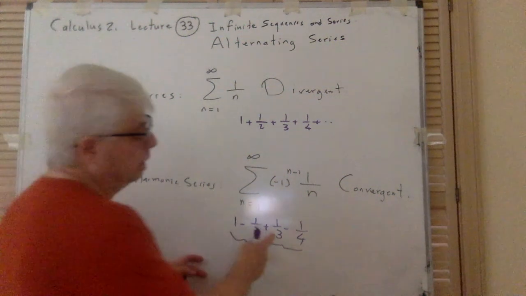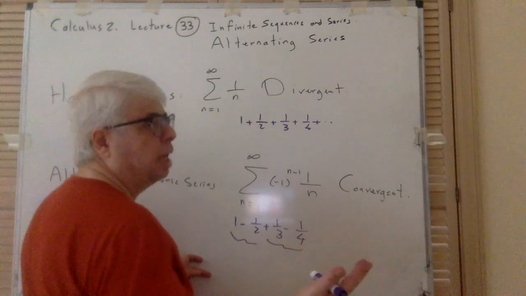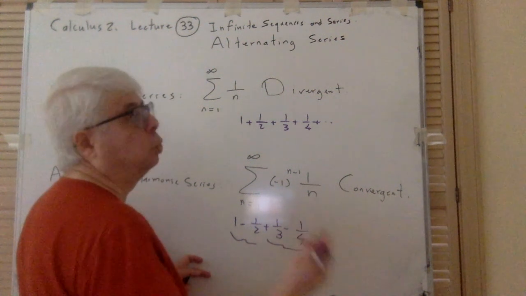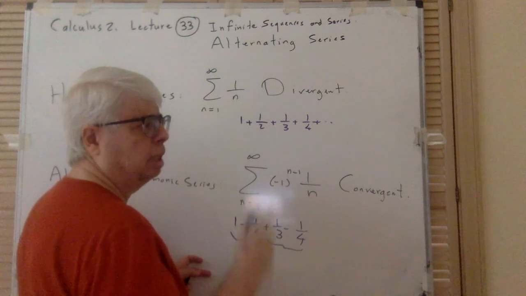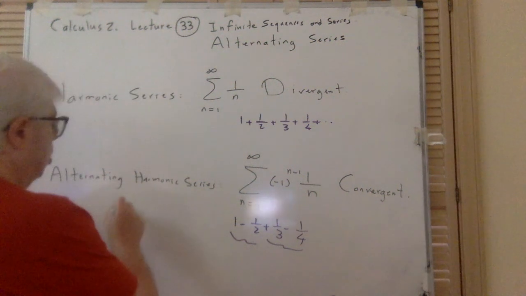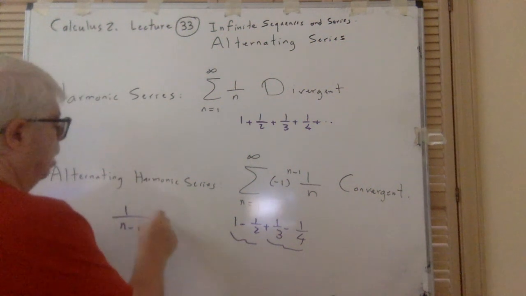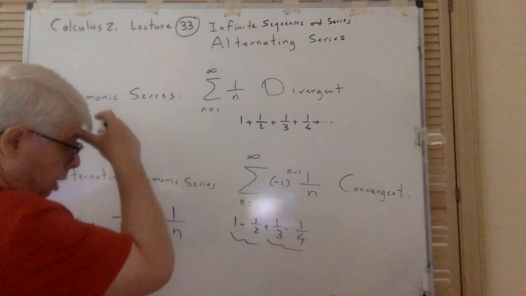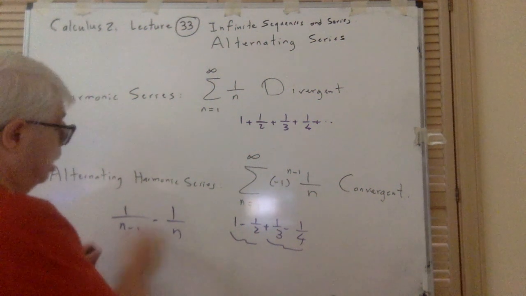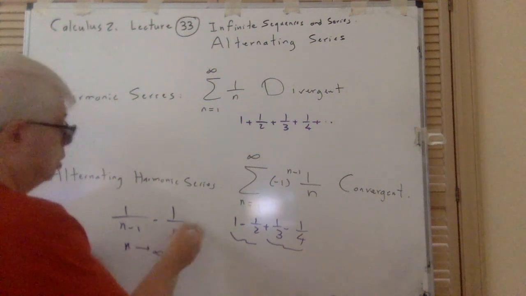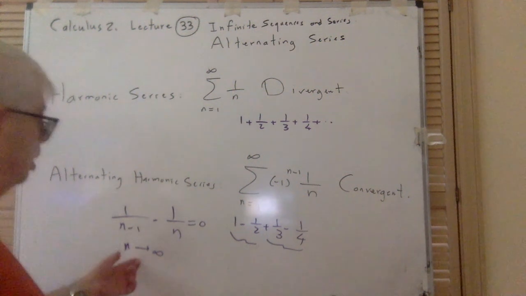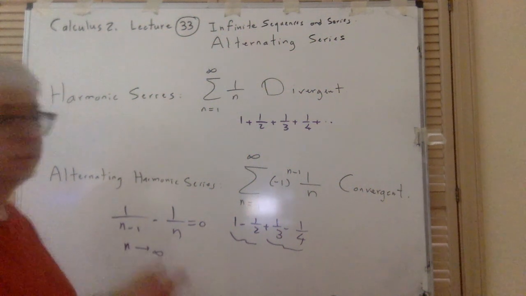And you can see as n gets larger and larger, they are really the same. So 1 over 10 million minus 1 over 10 million and 1, they're almost the same. Basically, they cancel each other. As n goes to infinity, this is 0, this is 0, 0 minus 0 is 0.